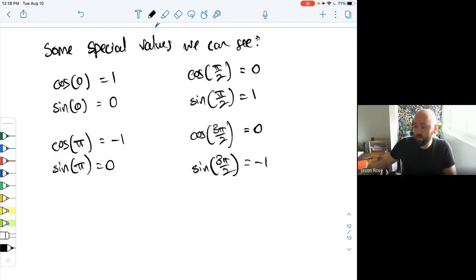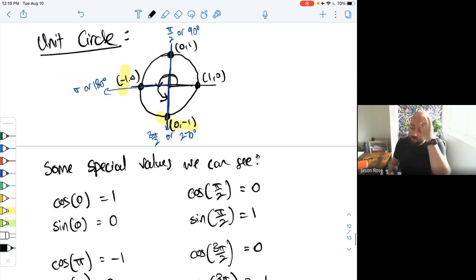Okay, so can we find some other special values? Because I know that when a lot of you have done trigonometry, you seem to see pi over 4 come out, and pi over 6 and pi over 3. Two different angles can have the same cosine, because if cosine is the x coordinate on the unit circle, up here you have an x coordinate of 0, and over here you have an x coordinate of 0.